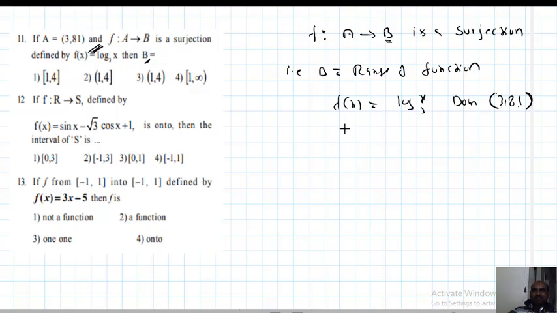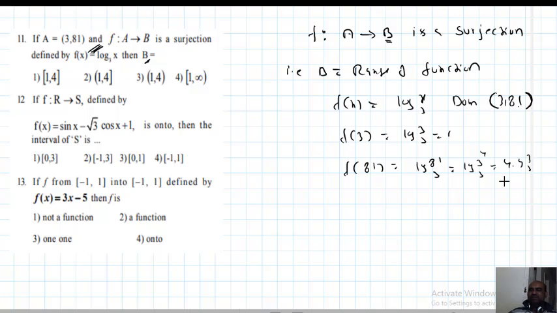So f of 3, I want to find, that is log 3 base 3, that is equal to 1. f of 81 is logarithm of 81 base 3, that is logarithm of 3 power 4 base 3, that is 4 into log 3 base 3, that is equal to 4. So 3 is not there, 81 is not there, means in our output 1 won't be there and 4 won't be there. That is what I can say, the range is open 1 to open 4.